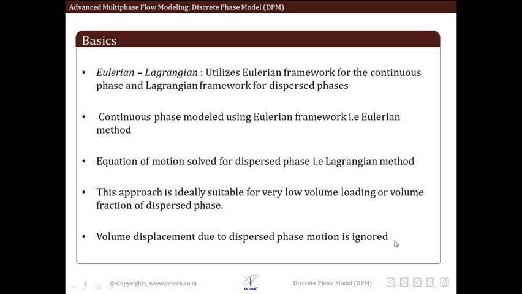That is, when there is dispersed phase in the form of either particles or droplets, it occupies some volume of the continuous phase, or it displaces some volume of the continuous phase, which is equal to the volume of the dispersed phase. But this volume displacement is ignored in the discrete phase model because volume loading of the dispersed phase is very low. So it does not affect the modeling accuracy if we neglect this particular volume loading of the discrete phase.